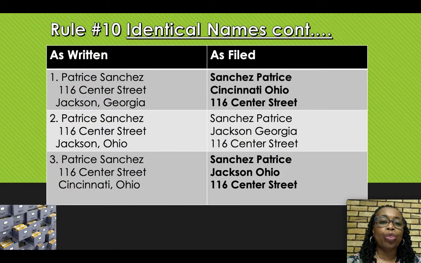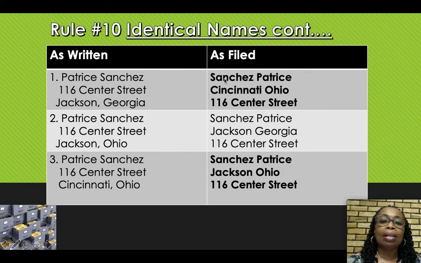We have three identical names: Patrice Sanchez, 116 Center Street, Jackson, Georgia. Patrice Sanchez, 116 Center Street, Jackson, Ohio. Patrice Sanchez, 116 Center Street, Cincinnati, Ohio. Since the names are the same, first and last names are identical, we will compare the city names.